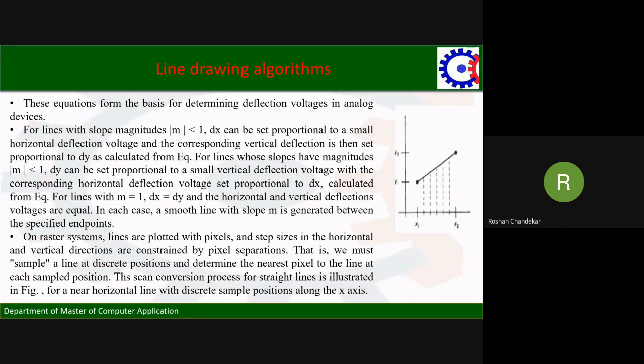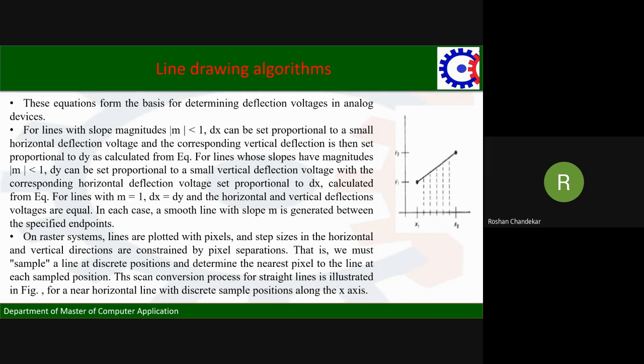Here delta y is equal to m into delta x, and delta x is equal to delta y divided by m. From that equation, we generate the pixels for the next point for drawing the next pixel. So when the horizontal deflection is proportional, simultaneously the vertical deflection is also set.